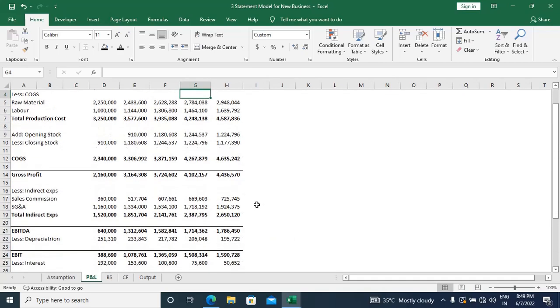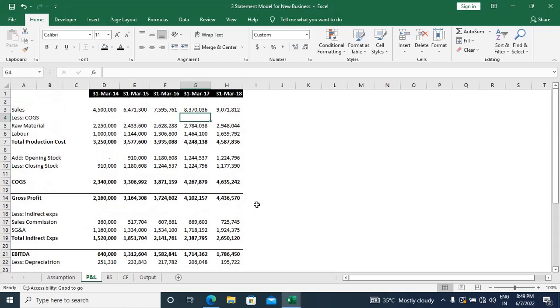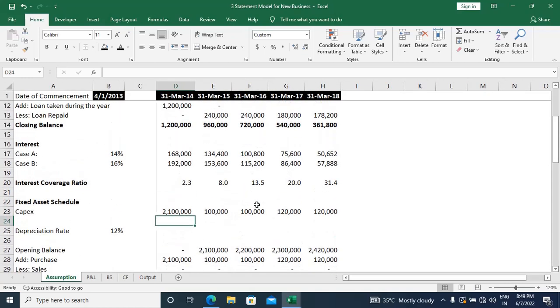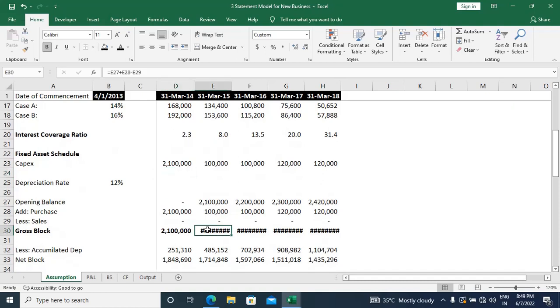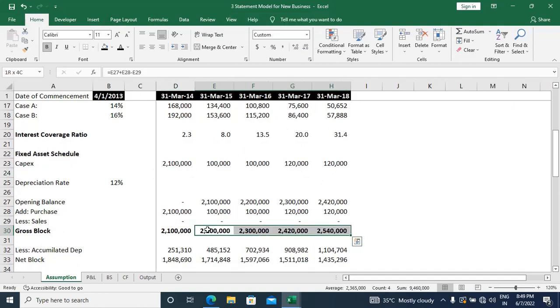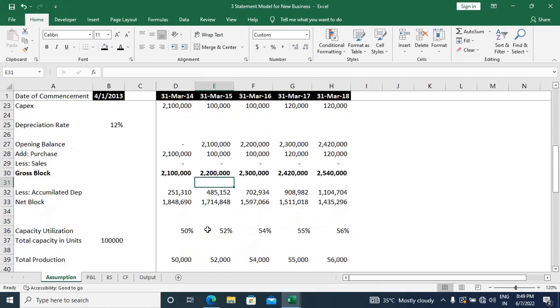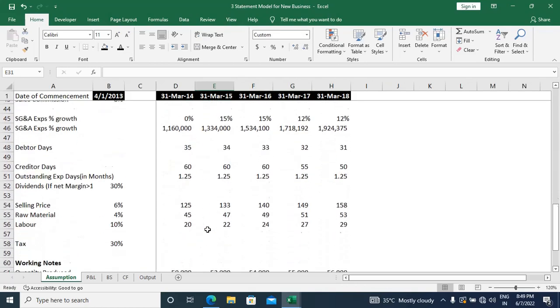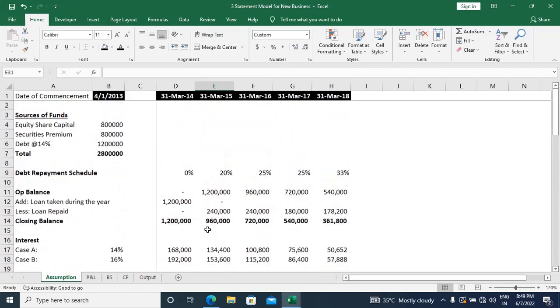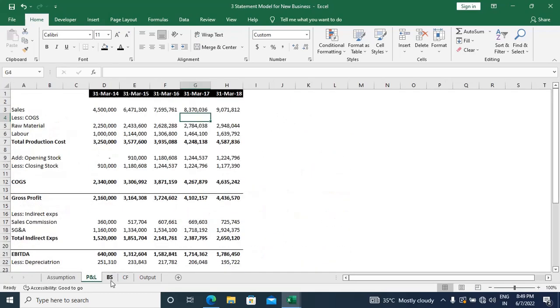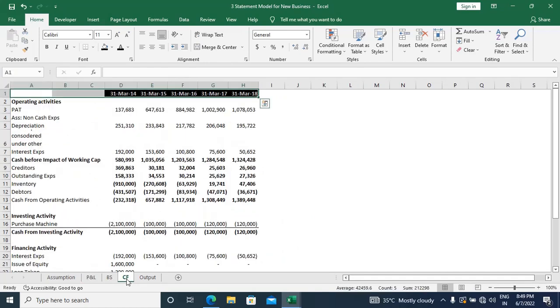This is the profit and loss statement we have made, and an assumption sheet. So like that, we will build first an assumption sheet where we will be doing our workings here, and after that we will build one profit and loss statement, balance sheet statement, and cash flow statement.